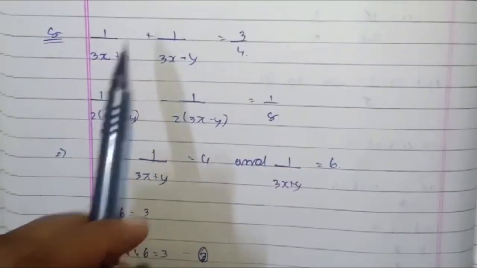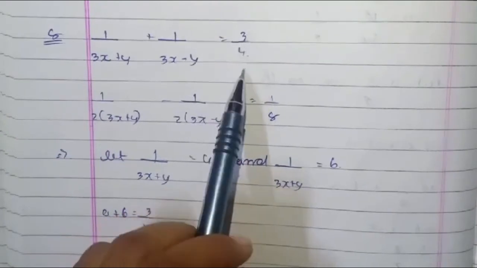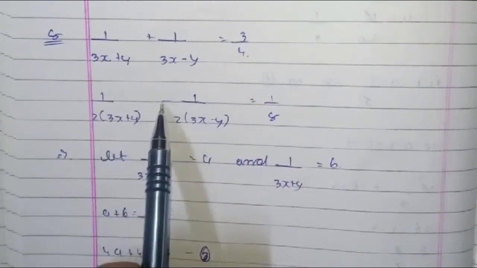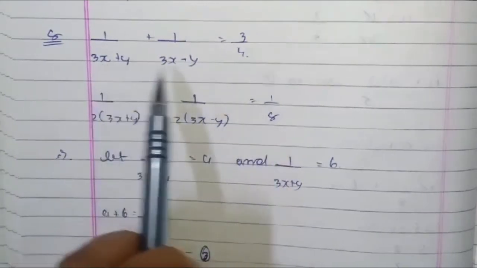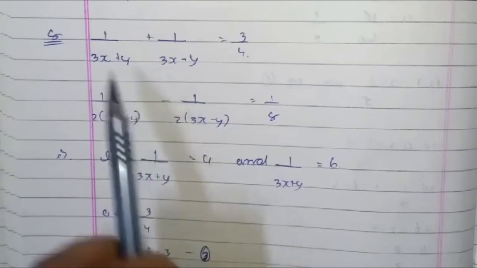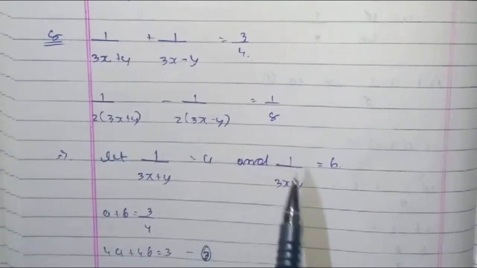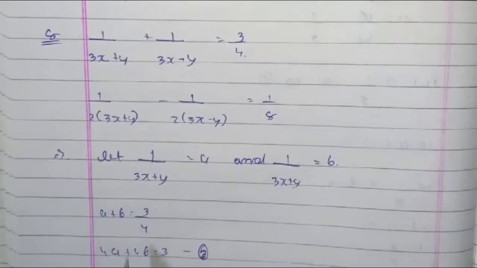Now question number 8. 1 by 3x plus y plus 1 by 3x minus y is equal to 3 by 4. Same way here, 1 by 2 into bracket 3x plus y minus 1 by 2 into bracket 3x minus y is equal to 1 by 8. See here our variables are in the denominator. So we suppose 1 by 3x plus y is equal to a and 1 by 3x minus y is equal to b.